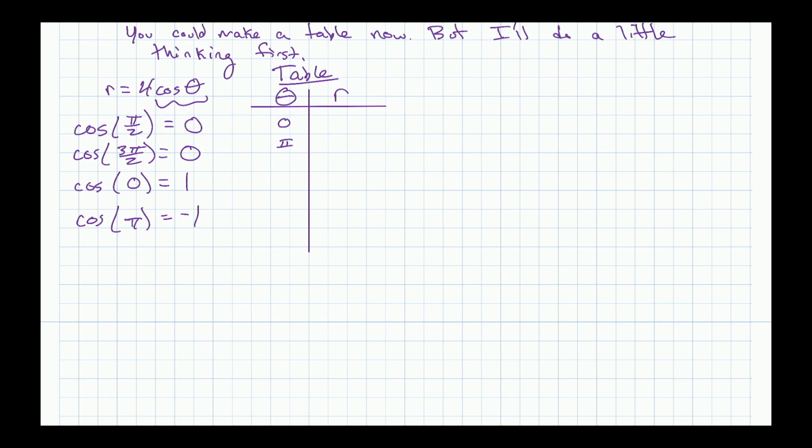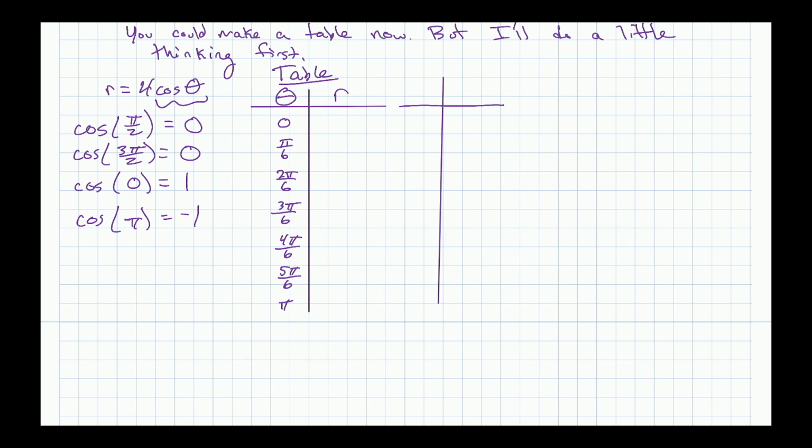You could be going pi over 6, 2 pi over 6, 3 pi over 6, which is pi over 2, 4 pi over 6, 5 pi over 6, pi. You could do it that way. That's a lot of work, because we've only gotten from 0 to pi, so then you'd have to make another table.